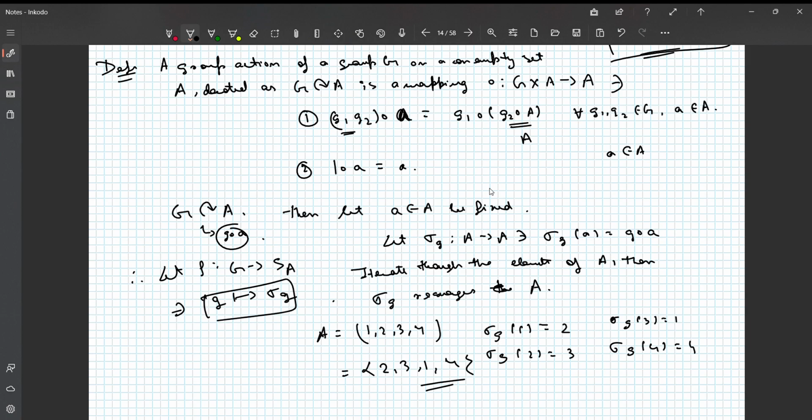So suppose this mapping is F. This F is basically called the permutation representation associated with the action of G on A.